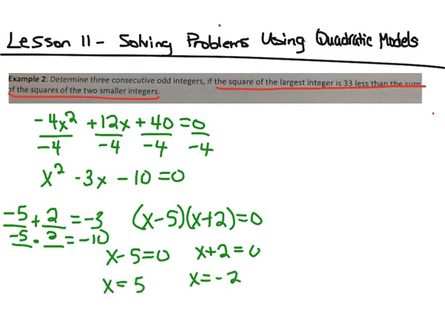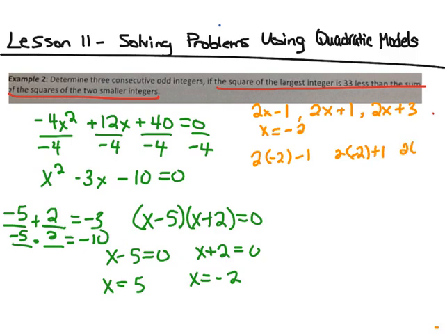Now we need to find our consecutive odd integers. So remember they were 2x minus 1, 2x plus 1, and 2x plus 3. So we're going to do it first with x equals negative 2. So we have 2 times negative 2 minus 1, 2 times negative 2 plus 1, and 2 times negative 2 plus 3.